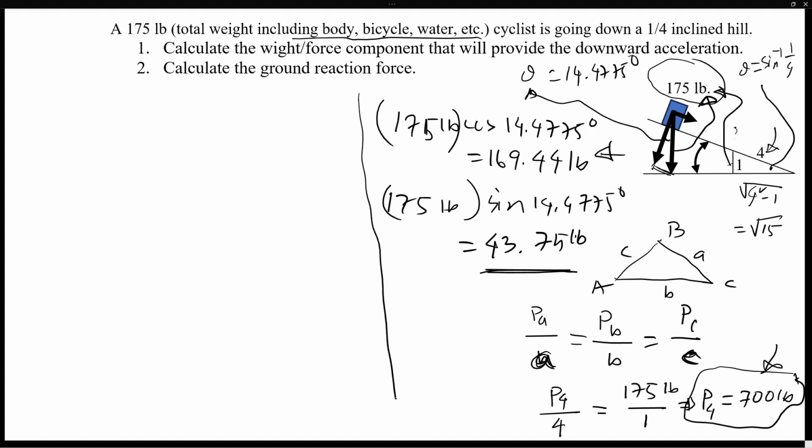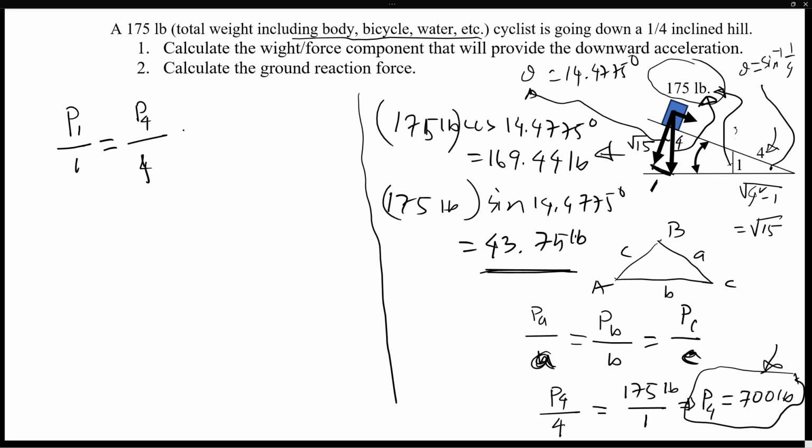Now you could still use the sine law. However, you have to be careful in representing the force associated with those different side lengths that you are given. So this side is 1, this side is 4, and this side is square root of 15. Now if you write the sine law, we are trying to find the force associated with side 1, and the force given is actually the one associated with side 4.